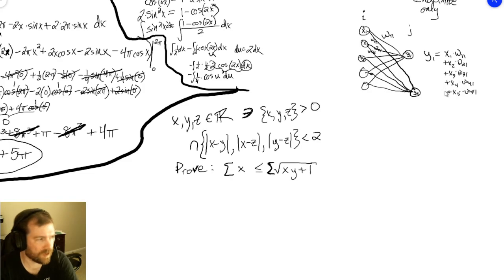And then you can shortcut this by saying that y1 is going to be equal to the sum of each x sub i times w sub i1. Or then you could shortcut that by saying this is going to be y sub j is going to be the sum of x sub i times w sub ij.